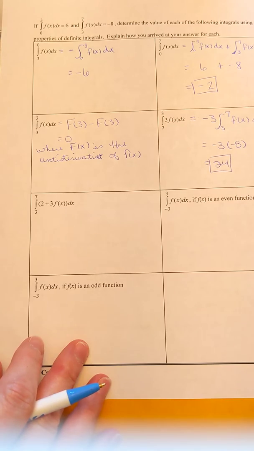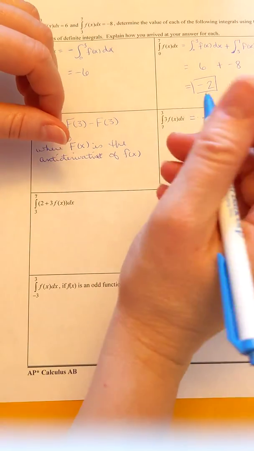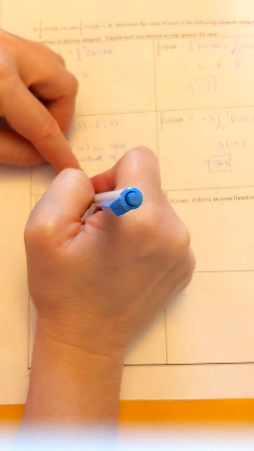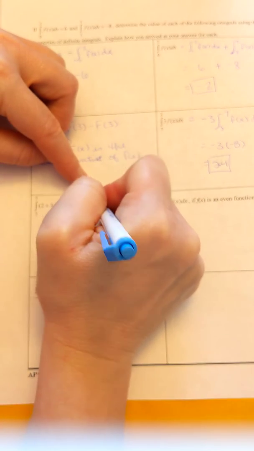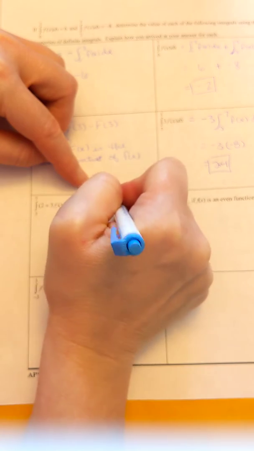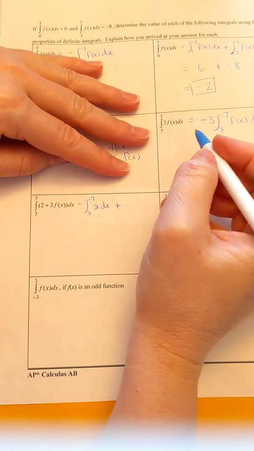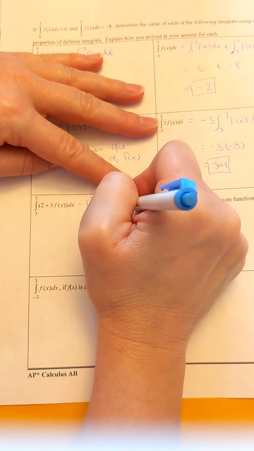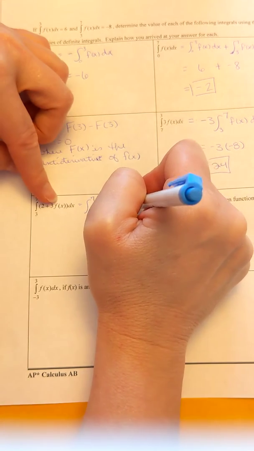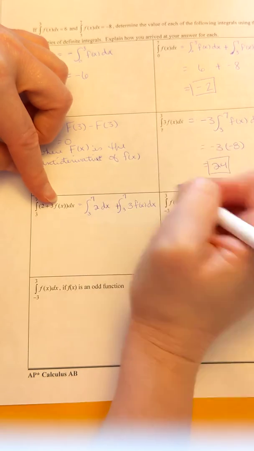Okay, let's look at this one. From 3 to 7 of 2 dx plus 3 to 7 of 3 f of x dx.